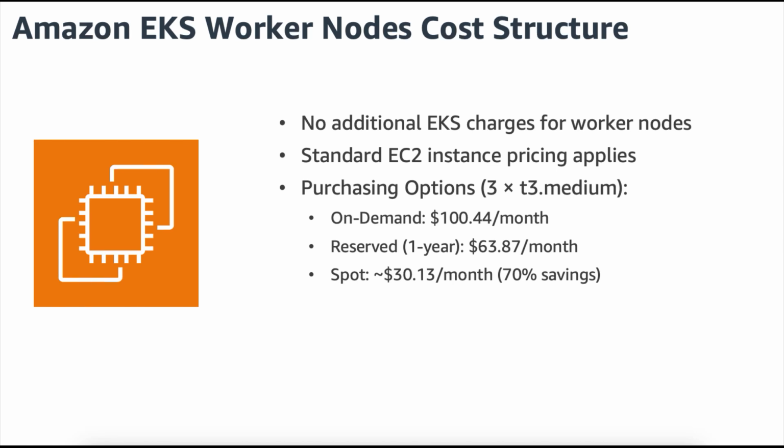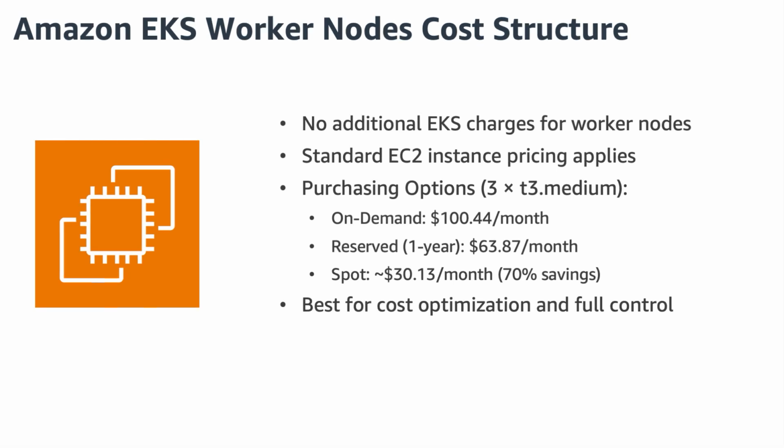$100.44 for on-demand pricing. However, with a 1-year reserved instance commitment, that drops to $63.87 per month. And if your workloads can tolerate interruptions, spot instances can reduce cost to around $30.13 per month, representing a 70% savings.